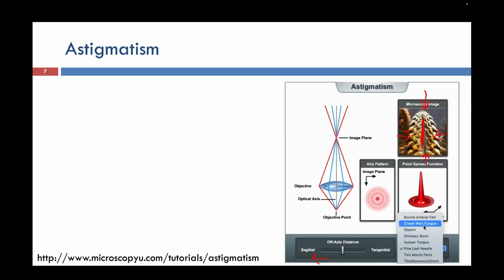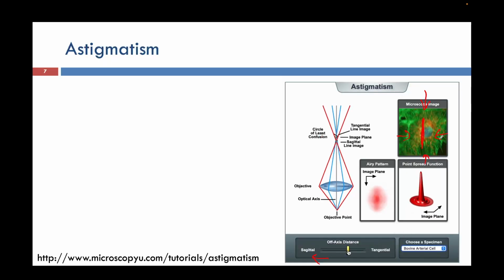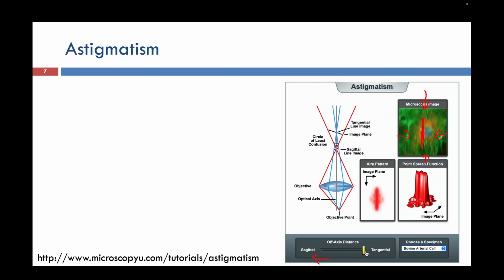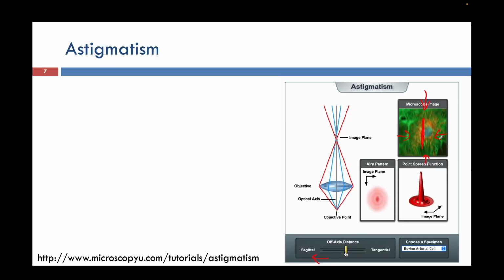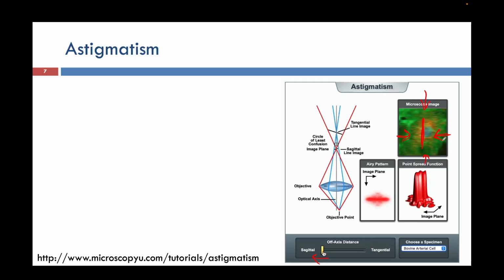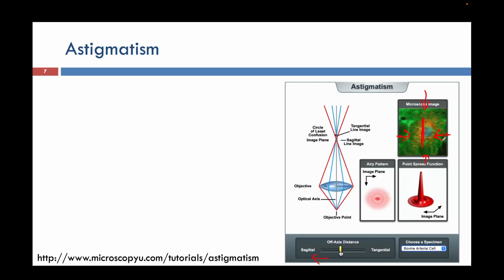Okay, another one. You see, when I am moving towards the tangential, the off axis, my object is moving towards tangential, this portion is getting clear. Now when I am going towards sagittal, this portion is getting clear. That means when I am going tangential, I can see the tangential points clearly, and when I am taking my object towards the sagittal plane, what am I seeing? I am seeing the radial.